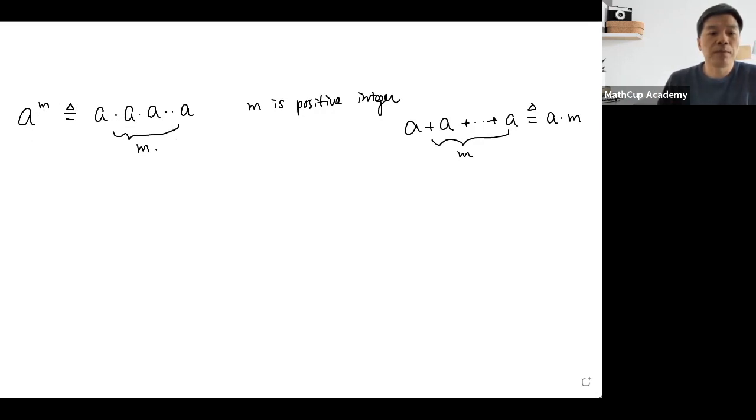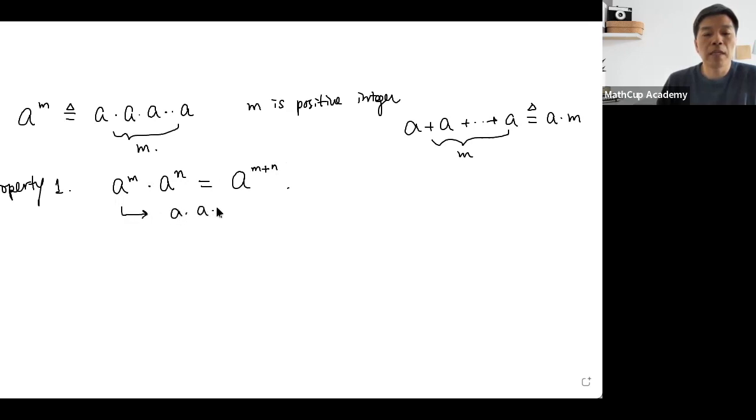So with that, we can derive a few properties just from this definition. Property number one: a to the power m times a to the power n is going to equal a to the power m plus n. Why is that? We can use the definition to verify this very easily. Remember, a to the power m is a times a times a, m times.